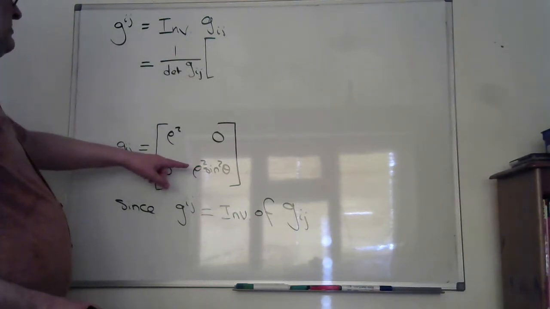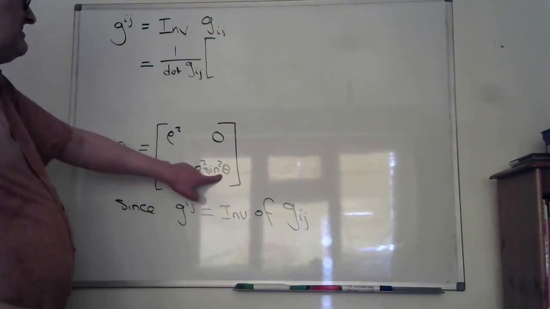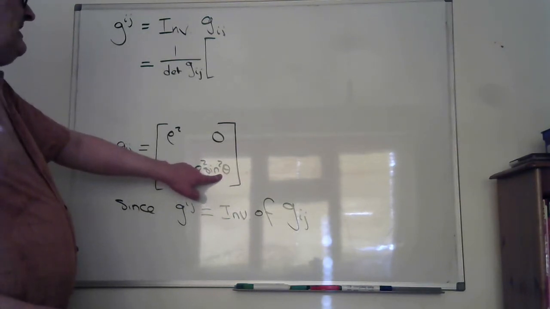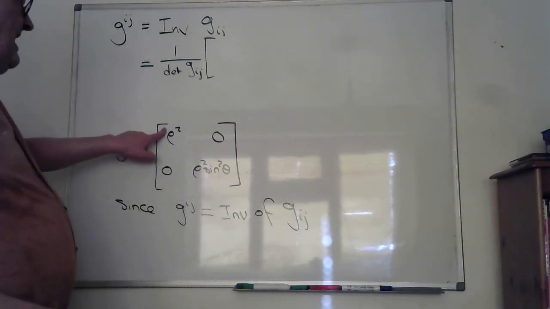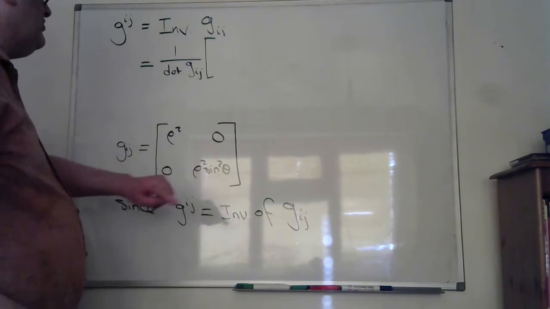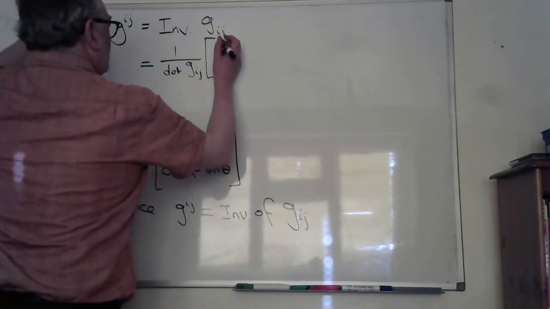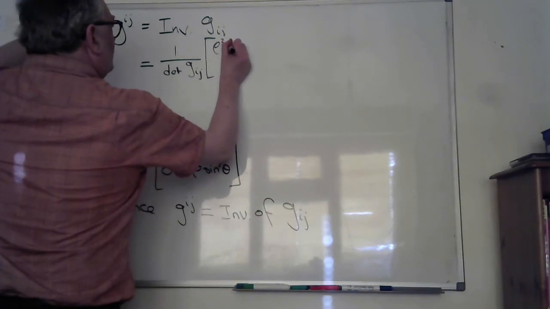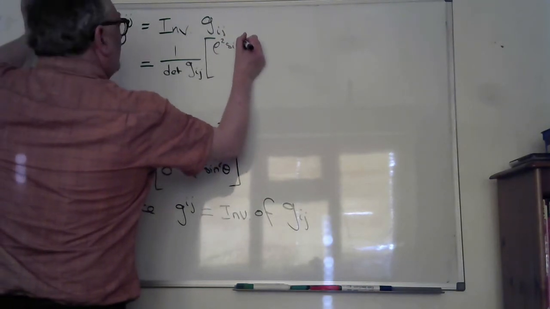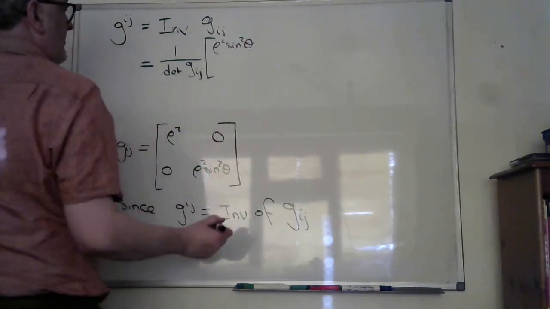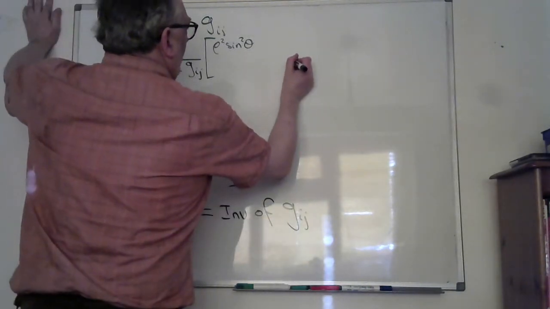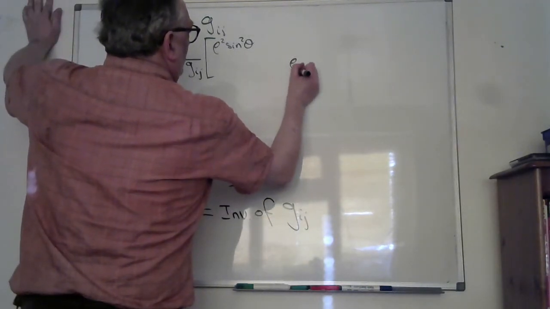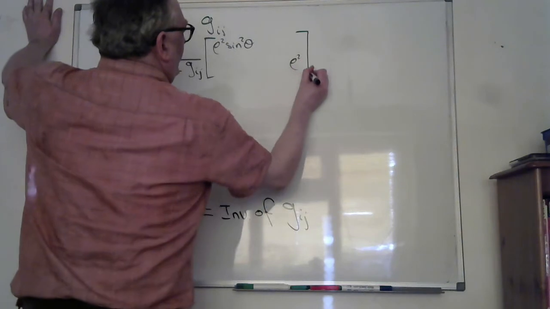What we do is we place this entry in the first entry, and we move the first entry, which is rho squared, to this last entry, so that we get rho squared sine squared theta, and we get a rho squared in this entry down here.